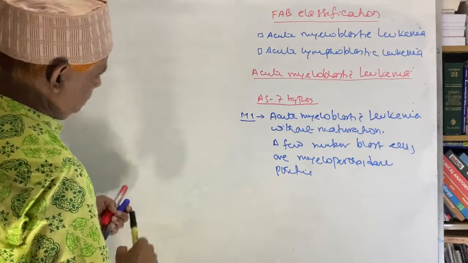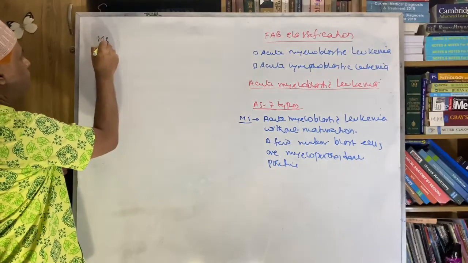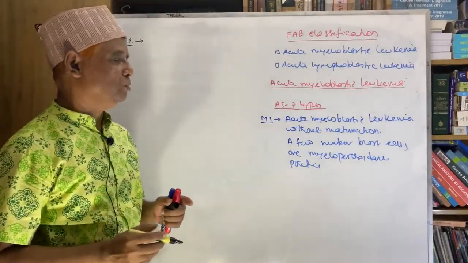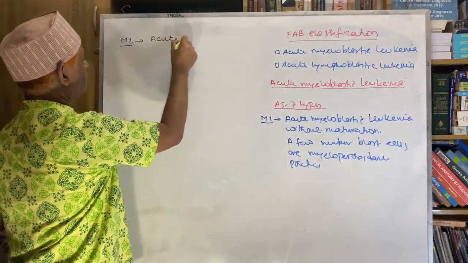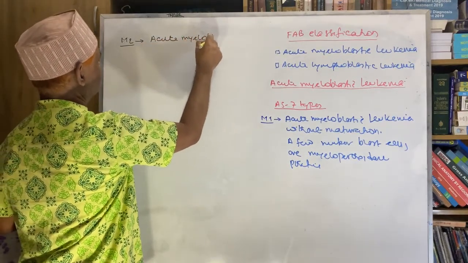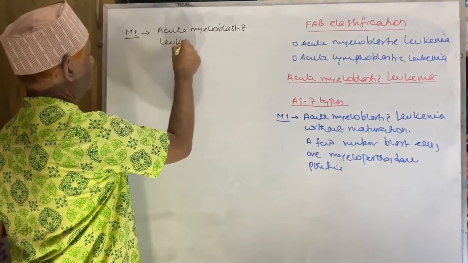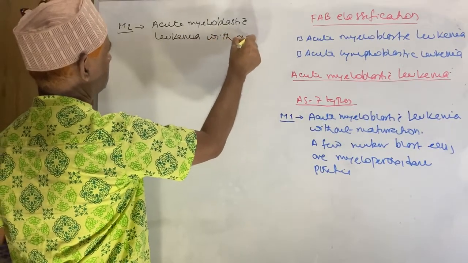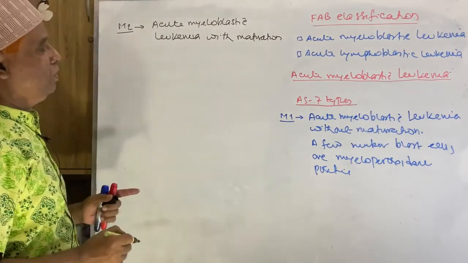Now come to M2. M2 is called acute myeloblastic leukemia with maturation.